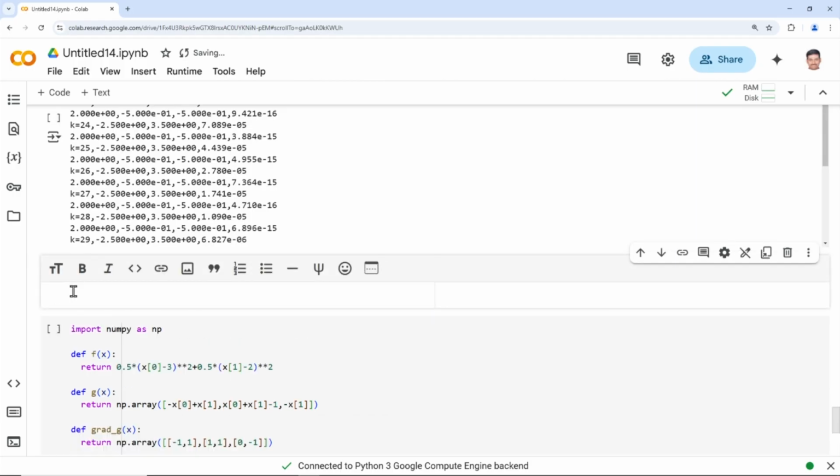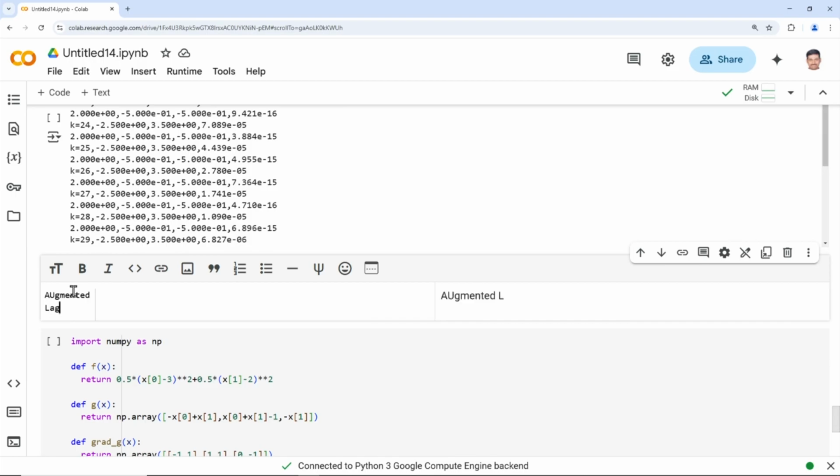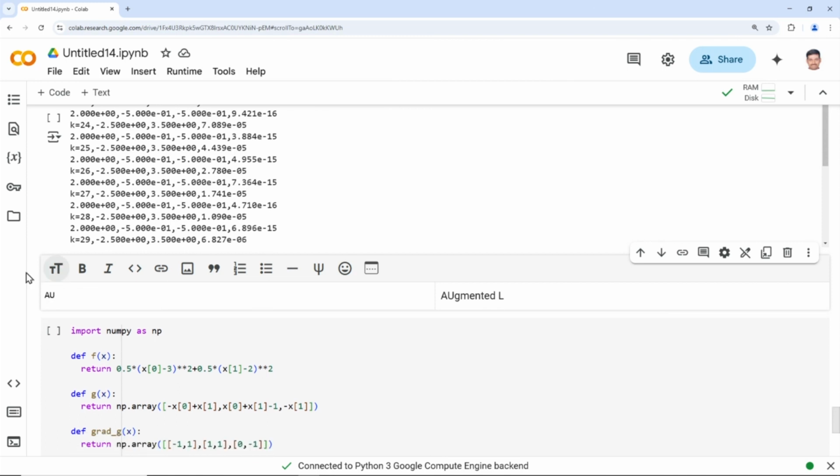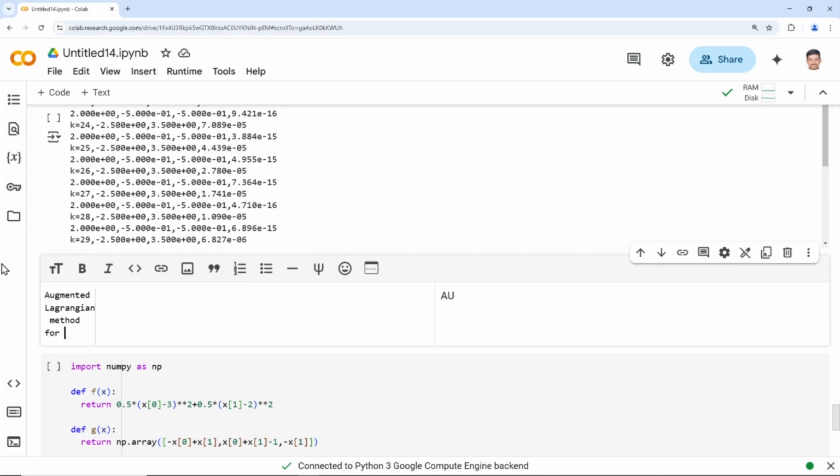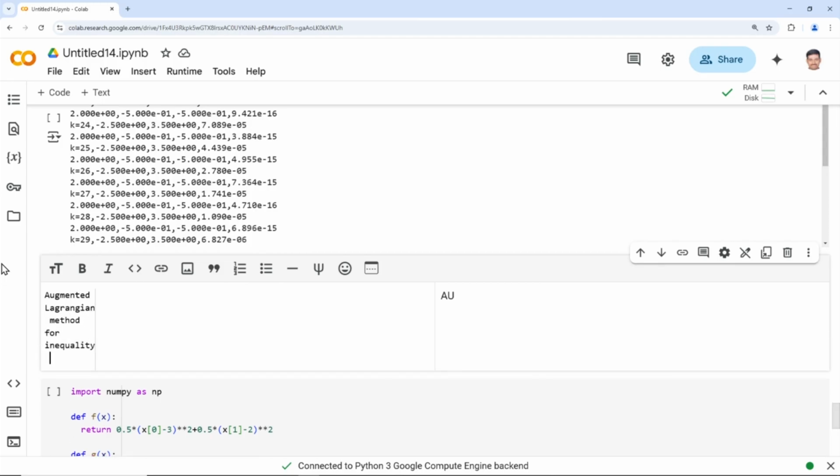Yes, this is augmented Lagrangian method for inequality constraints.